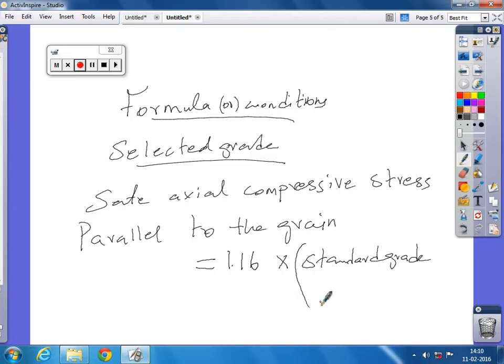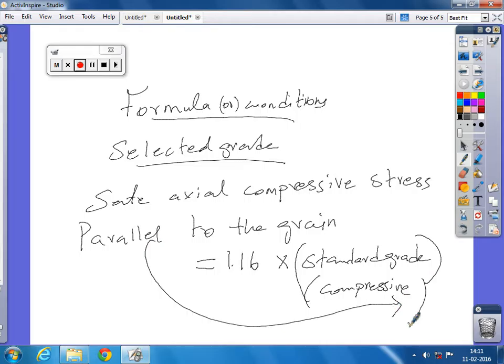I'll explain clearly again. Listen. To find out the safe axial compressive stress parallel to the grain for selected grade, the formula is 1.16 times the standard grade.